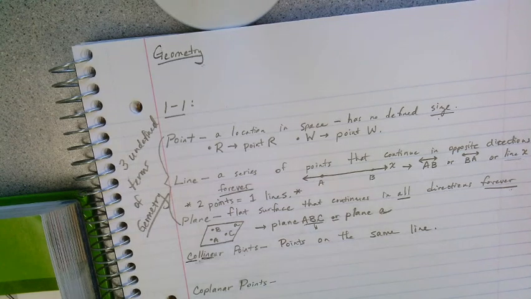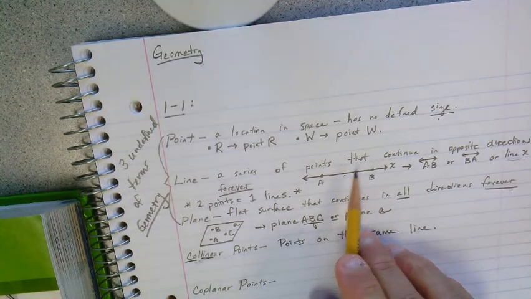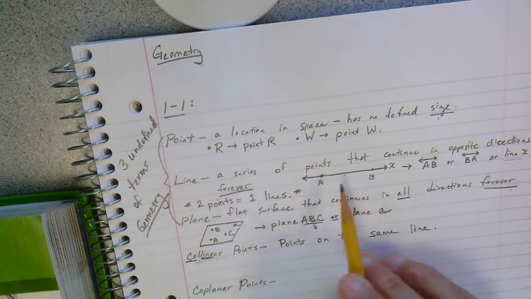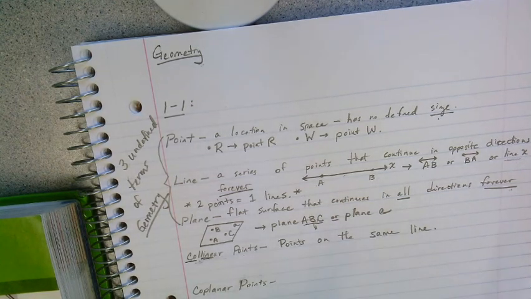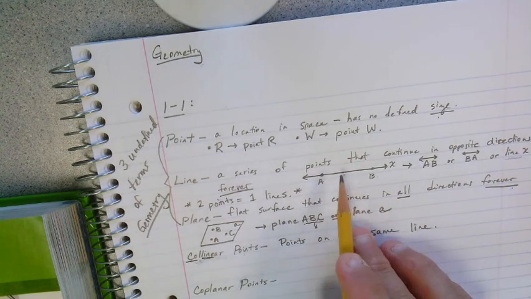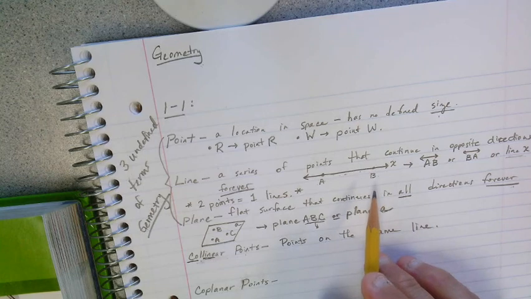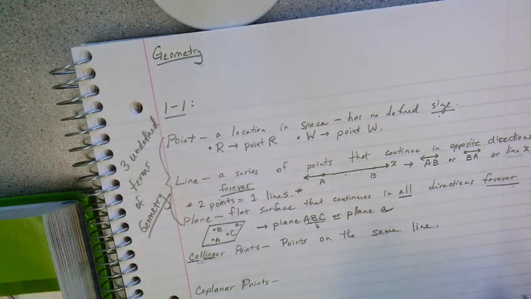And so collinear points. If I was to add another point up in here, A and B are collinear right now, okay? In fact, 2 points will always be collinear. You'll always be able to connect them with one line. But if I would add a C, a D, an E, an F, you know, all those points on that line would be considered collinear, okay?